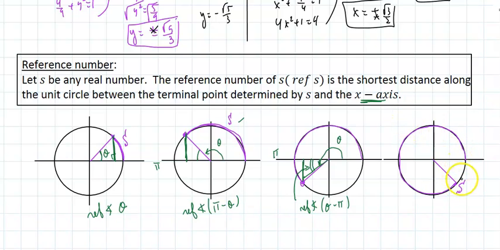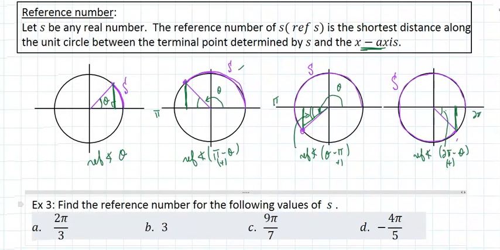If this is s all around, oh, I forgot to write s on this. Now, wouldn't you say I'm going to run here? Isn't that 2 pi minus theta? That's my reference angle. That's what this is. Because that's 2 pi, since I always go to the x-axis. And I want this to always be positive. No exceptions.